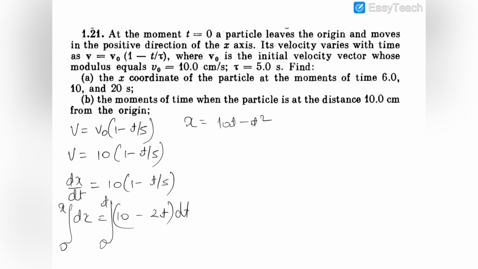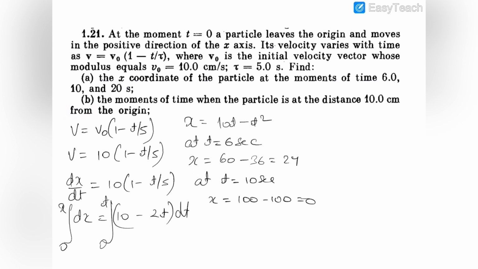Okay, now at t is equal to 6 seconds, x is equal to 60 minus 36, so it would be 24. At t is equal to 10 seconds, x would be equal to 100 minus 100, that is 0. And at t is equal to 20 seconds, x will be 200 minus 400, that is minus 200.